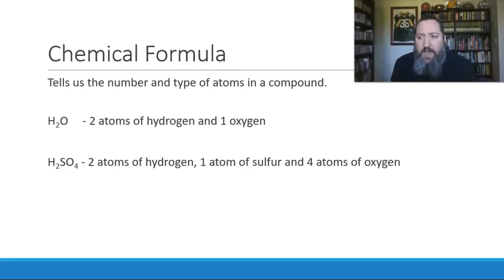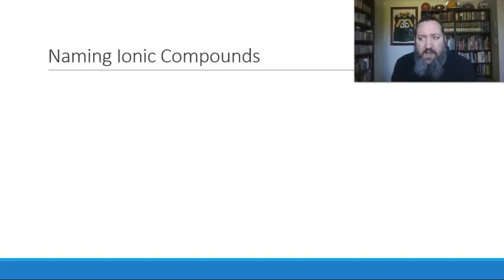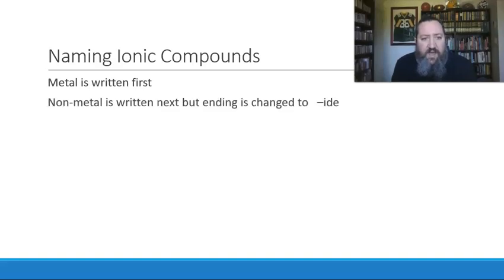When we have ionic compounds, these are the types of compounds that are formed between metal atoms and non-metal atoms. So, if we're naming an ionic compound, we'd name the metal atom first, and then the second part would be the non-metal, and we change the end to "-ide". So here's an example. Magnesium oxide is 1 magnesium atom, 1 oxygen atom.